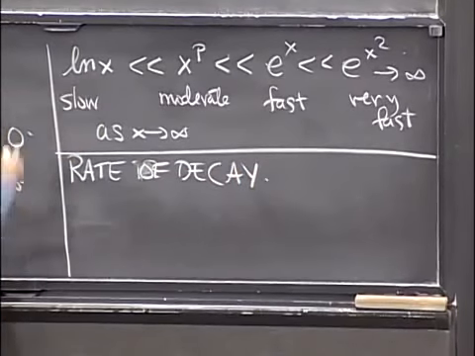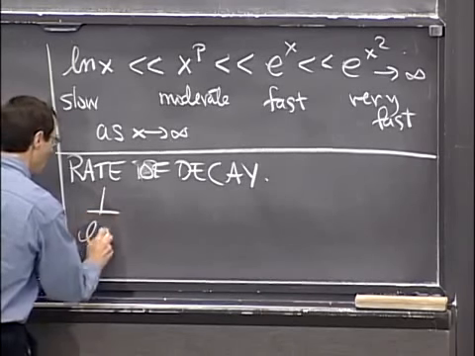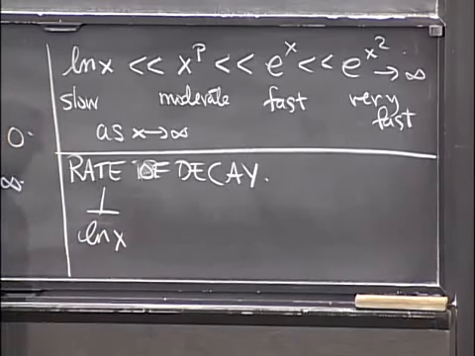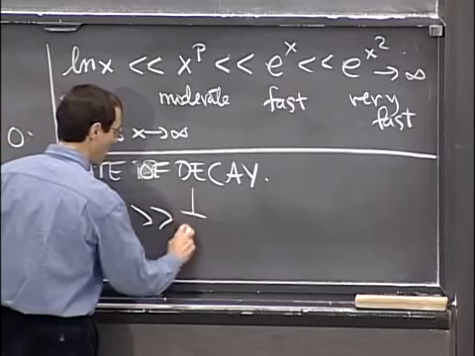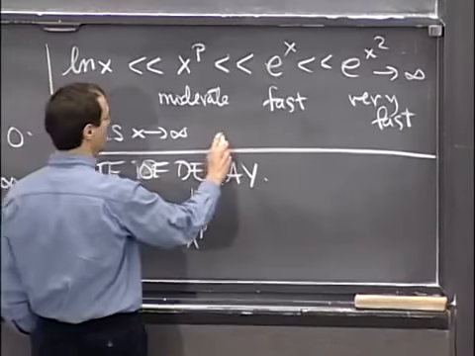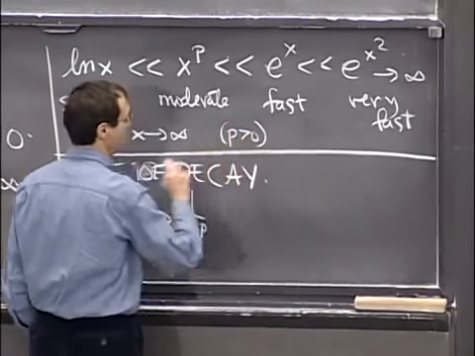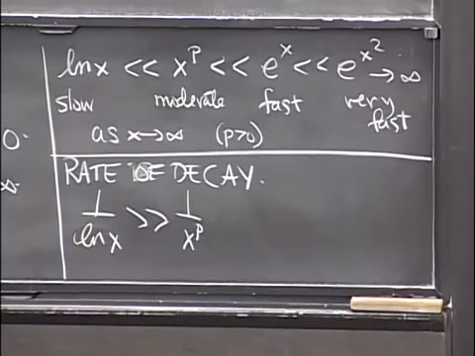For that I'm just going to take reciprocals of these numbers. So 1 over log x tends to 0, but rather slowly. It's much bigger than 1 over x to the power p. Oh, I didn't mention that this exponent p is meant to be positive. That's a convention that I'm using without saying. I should have told you that.